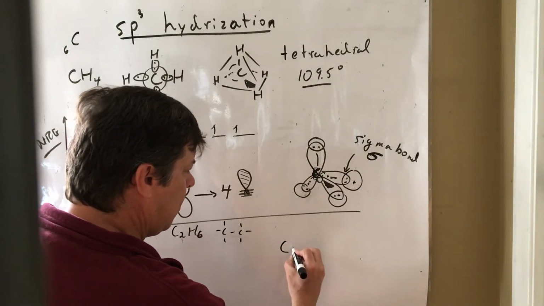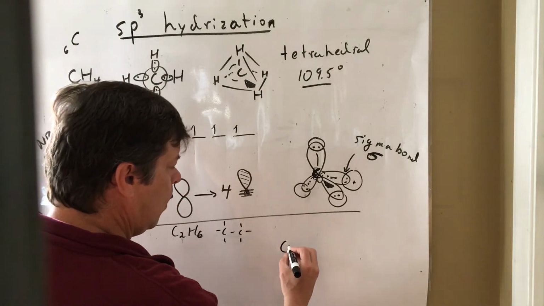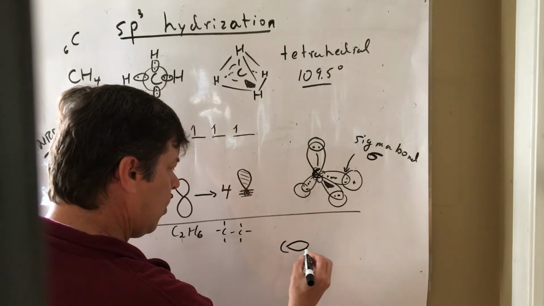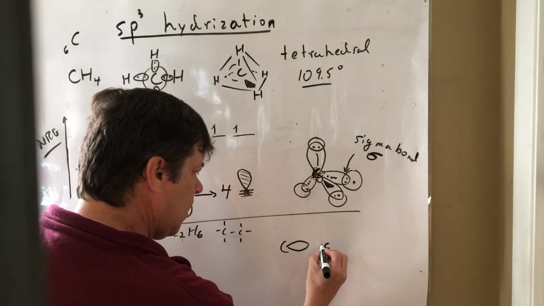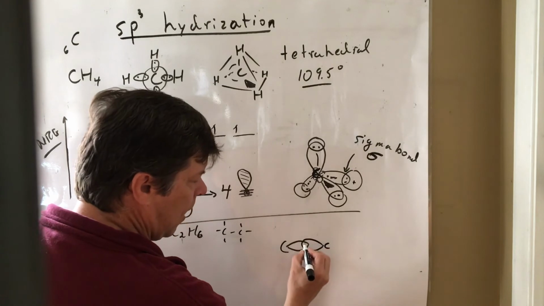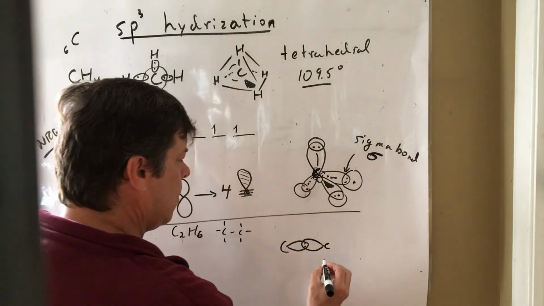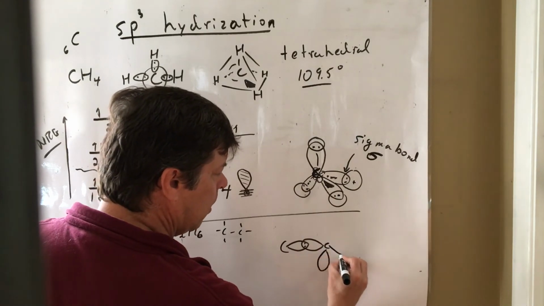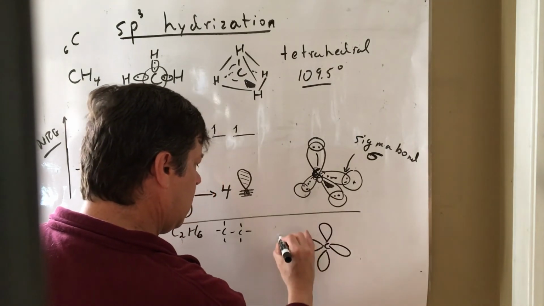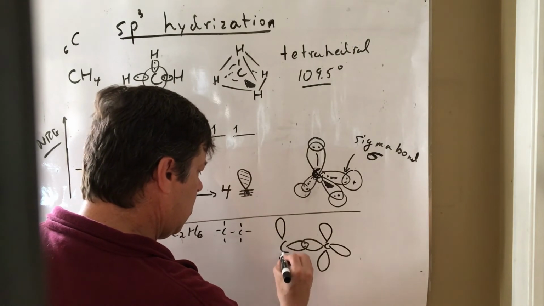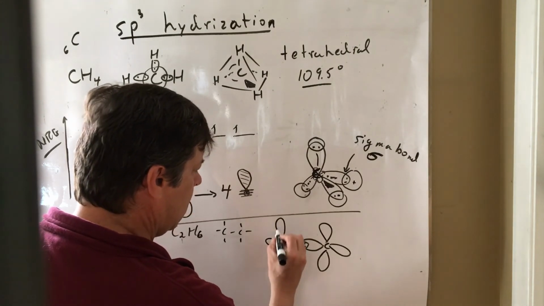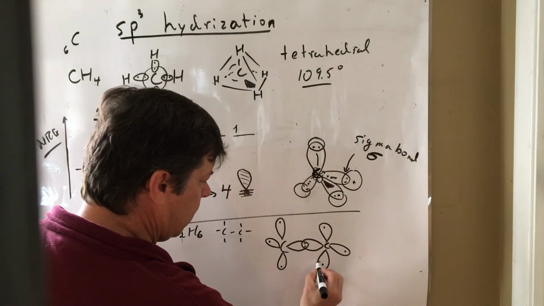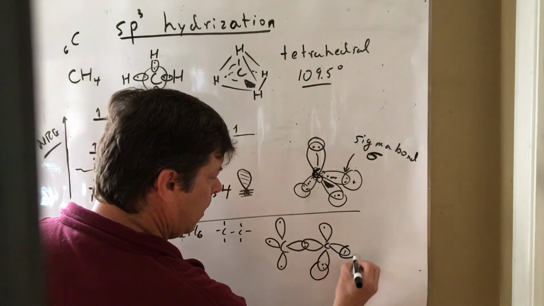We'd have a carbon atom here with a hybrid orbital here. This carbon atom has a hybrid orbital here. They overlap right there. That's a sigma bond. Then let's draw orbitals here, here, here, here, here, and here. Each of these has an electron, and then, of course, the hydrogens bond here.